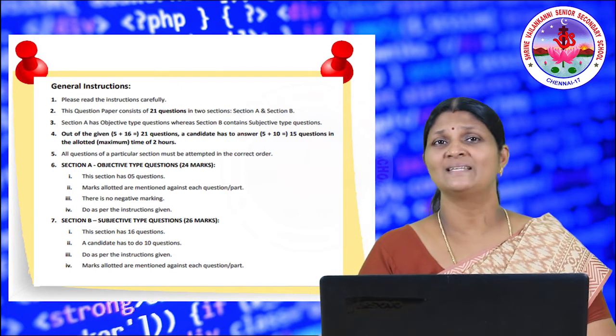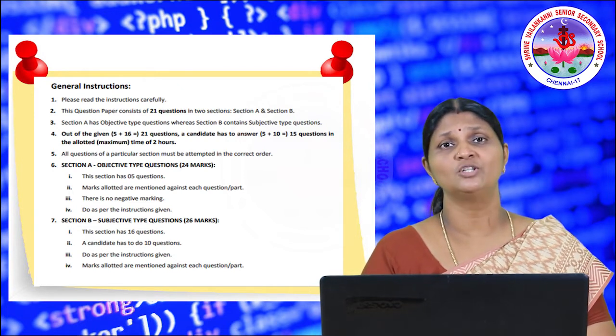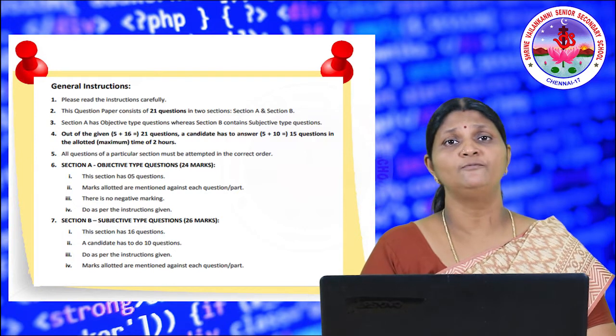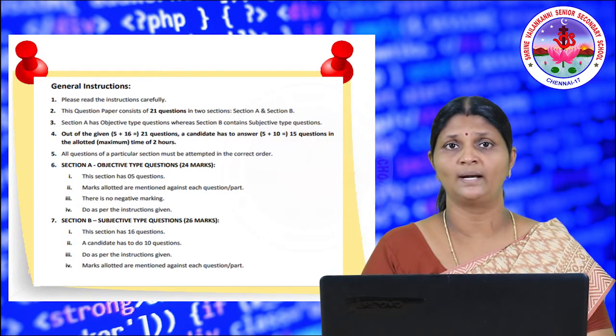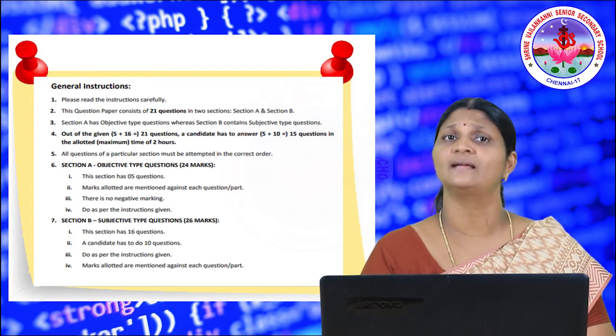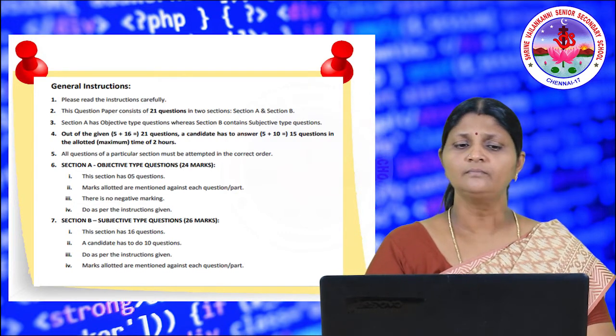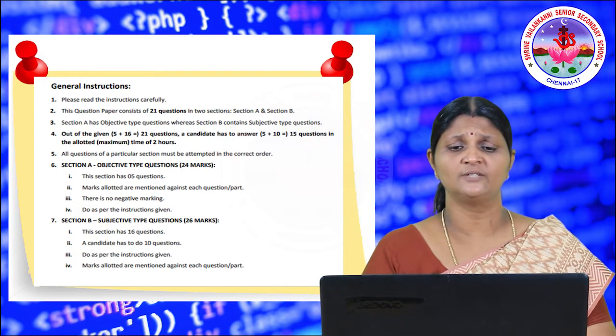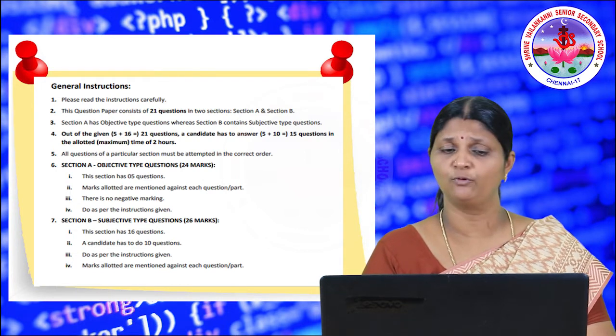If question number 1 has subdivisions A, B, C, then if we are attending question number 1, all the subdivisions A, B, C have to be mentioned correctly with the answer. Section A, objective type questions, carries 24 marks.